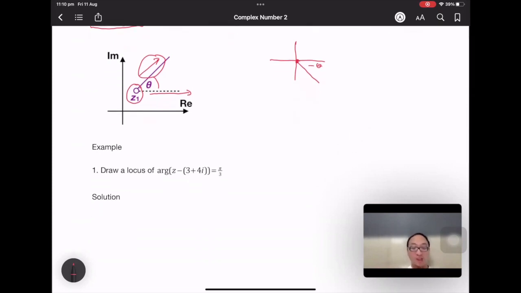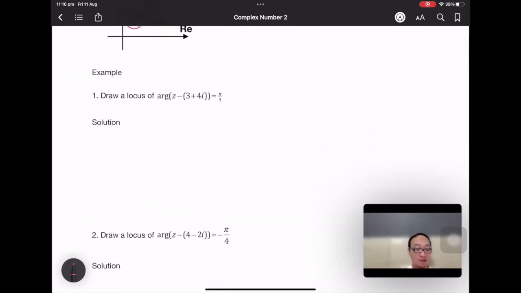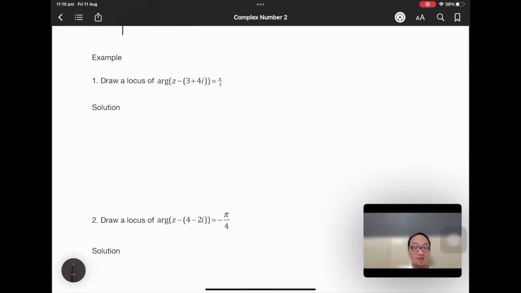So let's see the example. Draw the locus of argument z minus 3 plus 4i equals pi over 3. From here we know that the coordinate of the complex number is 3 and 4. And theta will be positive pi over 3. So we can draw 1, 2, 3, 4, 1, 2, 3, 4.